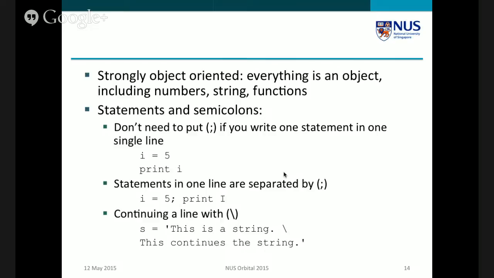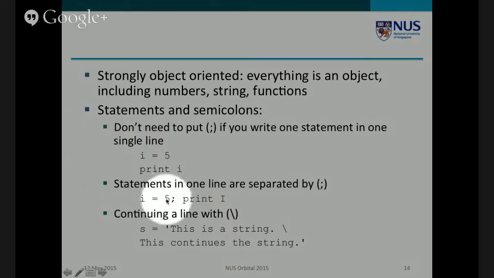In fact, because we use indentation, we don't need other pieces of information to tell us when a statement ends and when it starts. For example, we won't need a semicolon to separate one statement from another, because a new line with the proper indentation already tells us it's a new statement. You can choose still to put statements on one line. For example, here I've put two things together on one line, but this is generally not recommended.